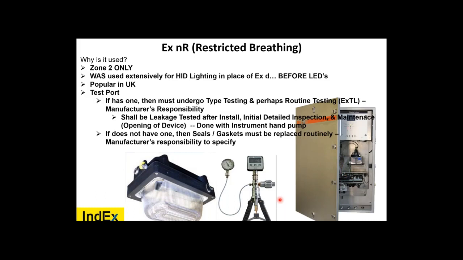And you must know what you're doing. And the certificate and the IOMs shall list to what pressure. Is it kPa? Is it inches of water? What are they going by? And it shall be done usually with an instrument hand pump. That's the easiest way. We're only talking 0.3 kPa or 3 kPa.